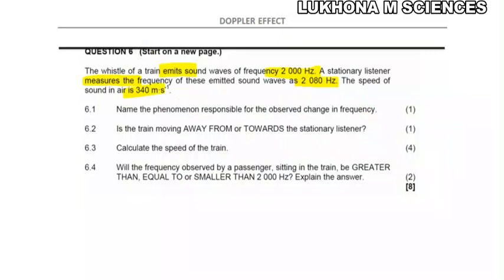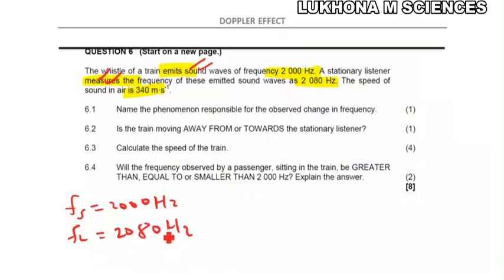There we have the frequency that is emitted by the sound source, which is 2,000 Hertz. Then we are given the frequency that is measured, which is 2080 Hertz, right?